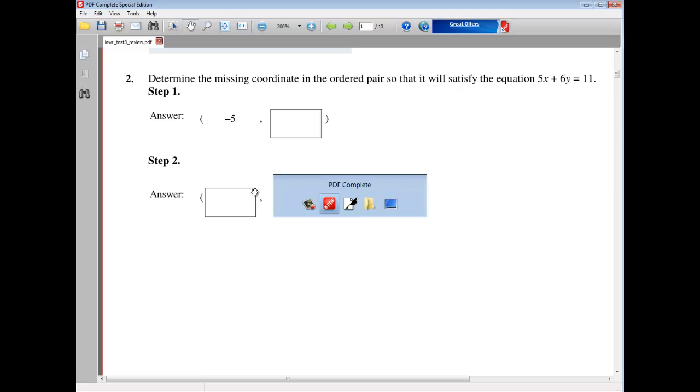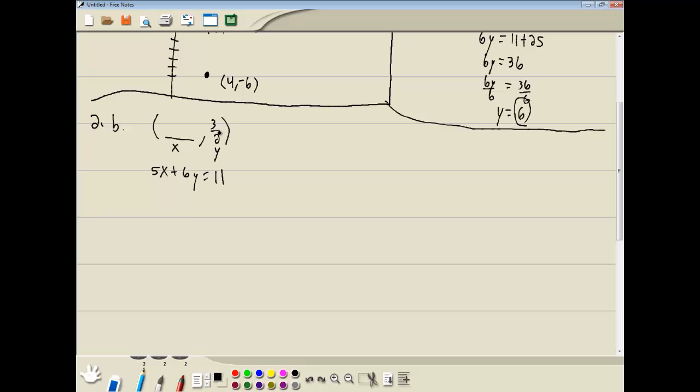So we're going to plug 3/2 in for the y. So we've got 5x plus 6 times 3/2 equals 11. Now 6 and 2 are both divisible by 2. 2 divided by 2 is 1. 6 divided by 2 is 3.